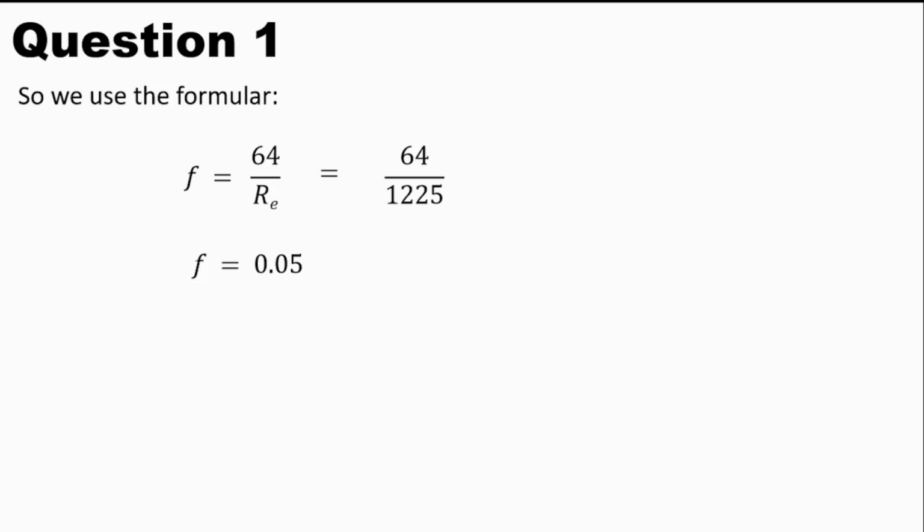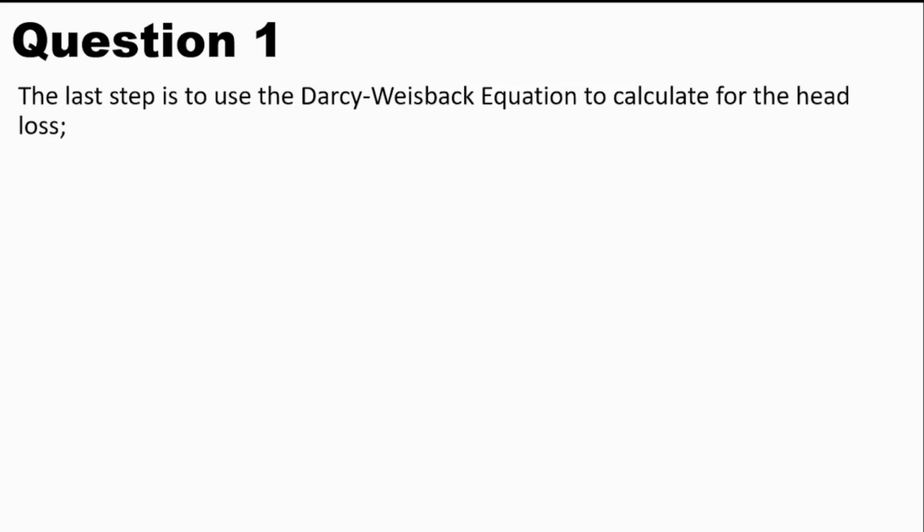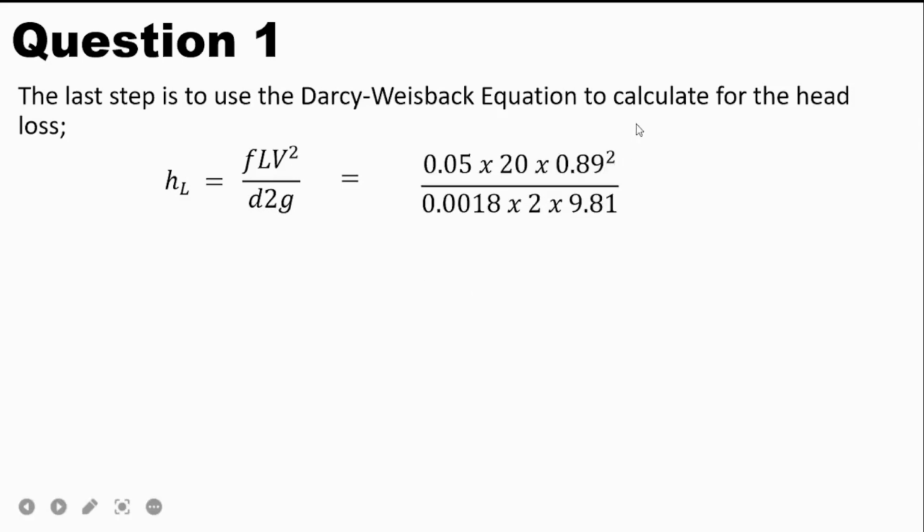The last step is to find the head loss. To find the head loss, we use the Darcy-Weisbach equation, which is friction factor times the length of the pipe times velocity of the flow squared, divided by the pipe diameter times 2 times the gravity. So we put in the values. Remember, guys, our friction factor is 0.05 times the pipe's length, 20, and the velocity is 0.89.